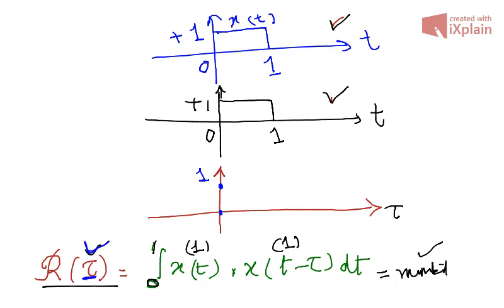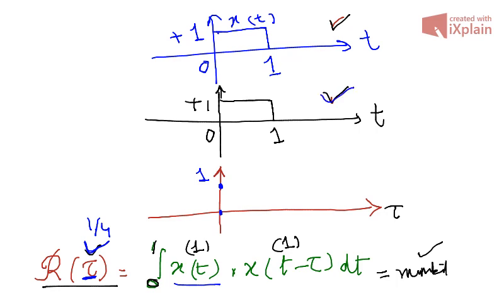Now for the second value, you can choose any value of tau, this variable tau. Just have a shift. Let me say this tau is positive, and it is 1 by 4. If tau is 1 by 4, what does it mean? It means that we have to multiply x of t with x of t minus 1 over 4, which is the delayed version of this signal.